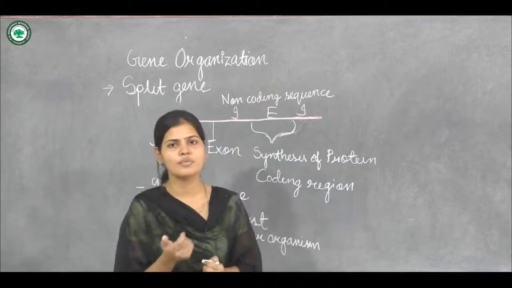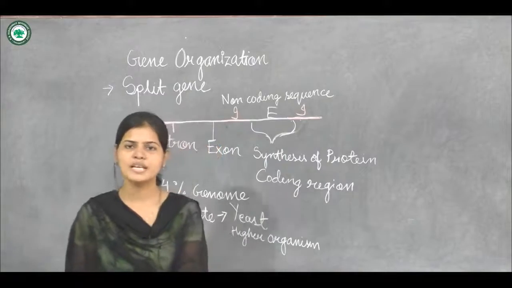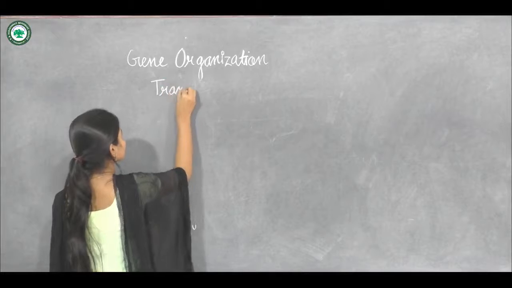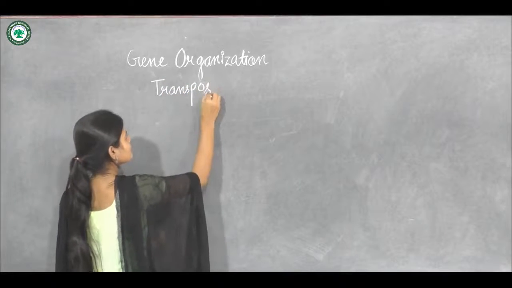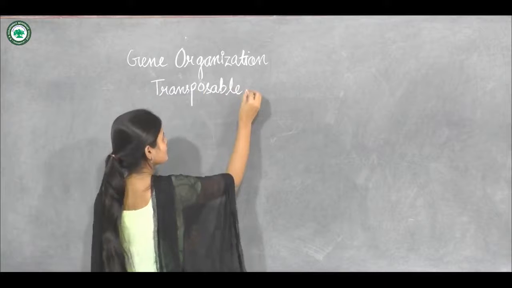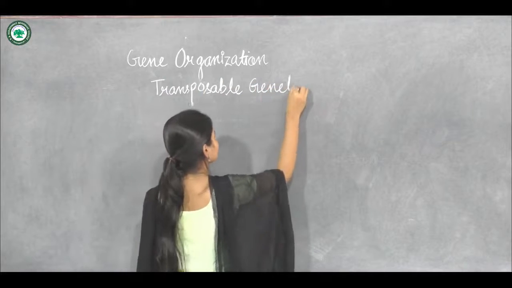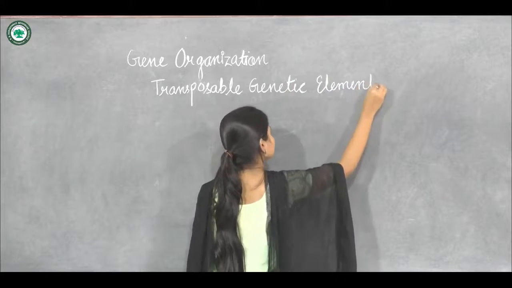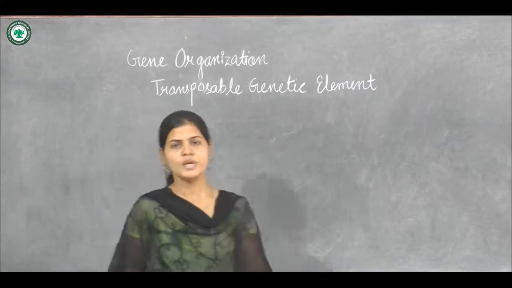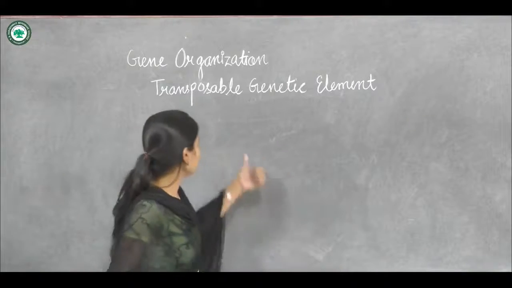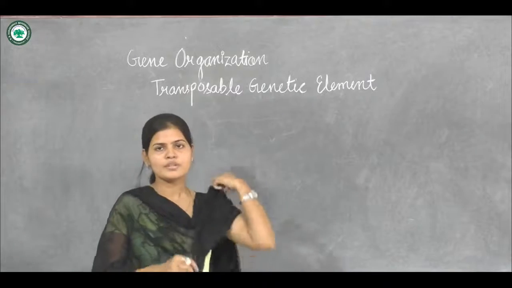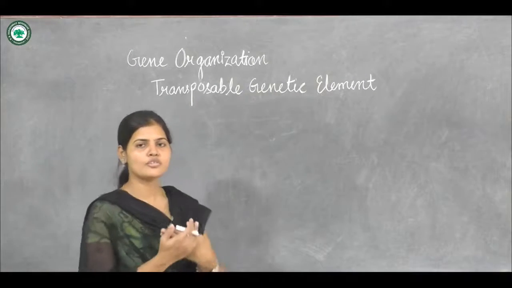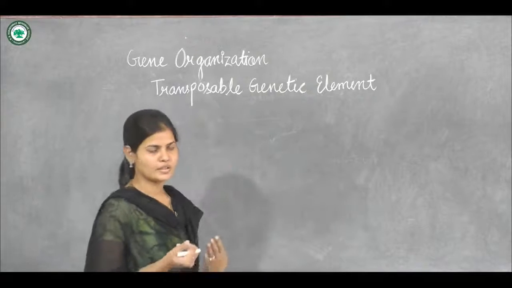Now next we will see the transposable element. Transposable genetic element means, first it was thought that the DNA or the genetic material does not move from one place to another.